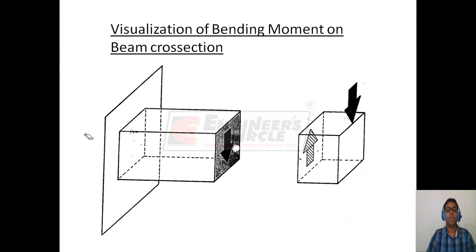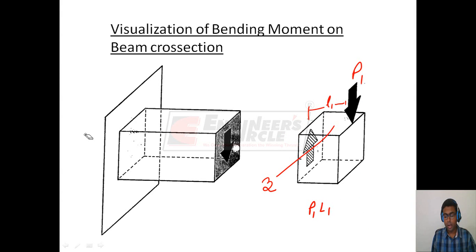The other reaction that will be acting on the cross section is the bending moment. Let this length be L1 and this load is P1. Now this load P1 is giving a moment of P1 into L1 about this axis. Let us call this axis as Z axis.